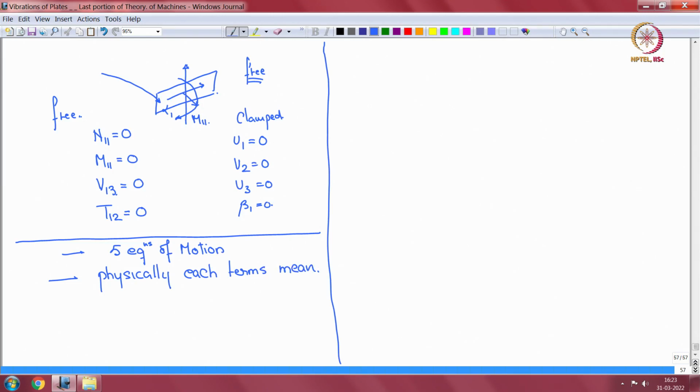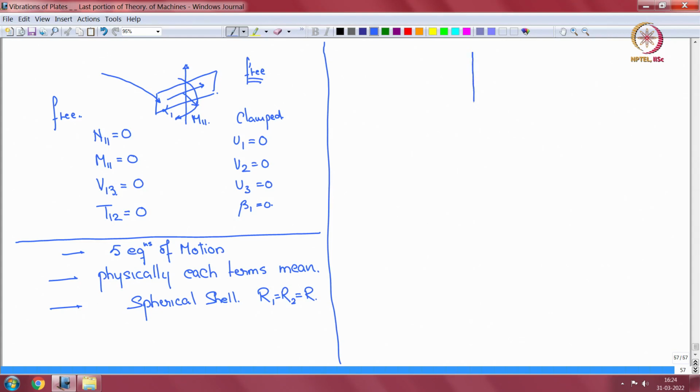So what I want to do now is take a spherical shell, where both R1 and R2 are equal to R. How do you get a spherical shell?